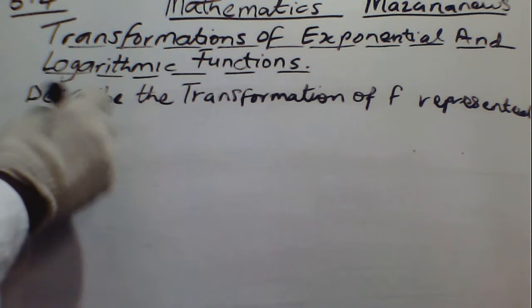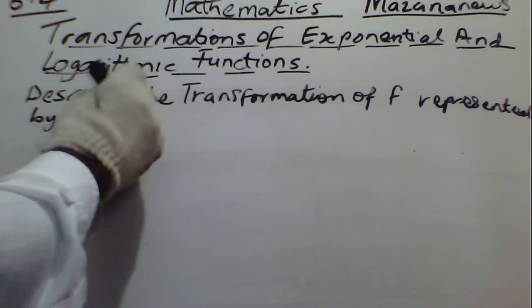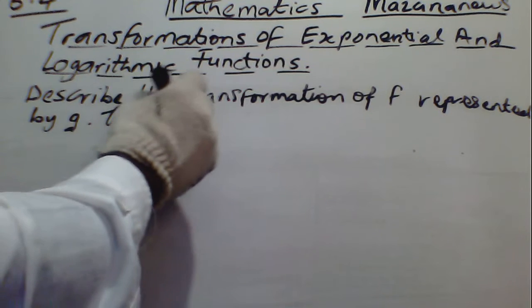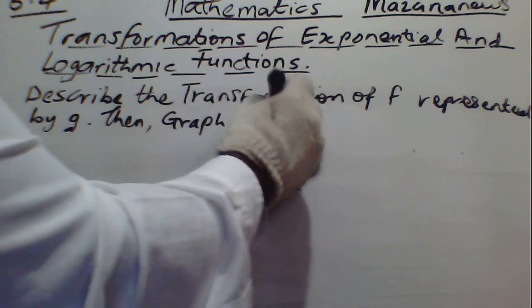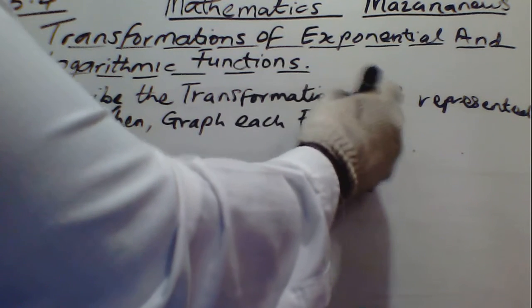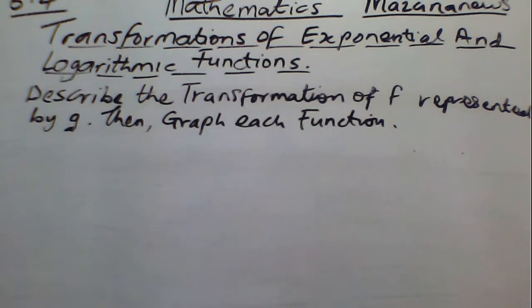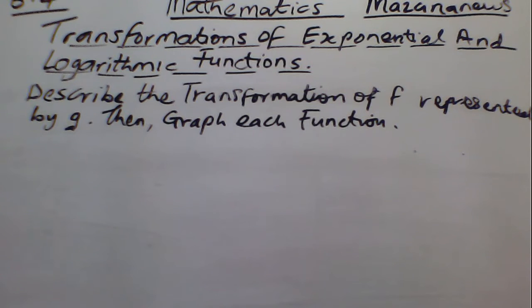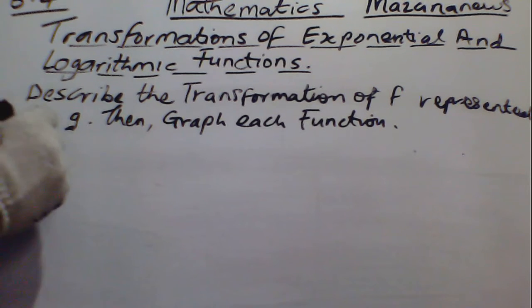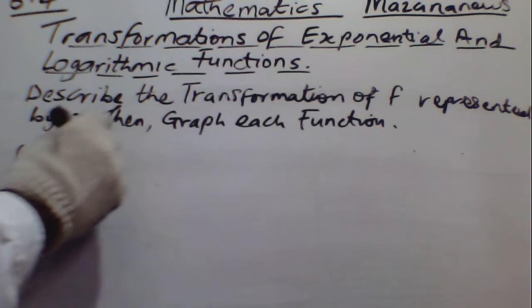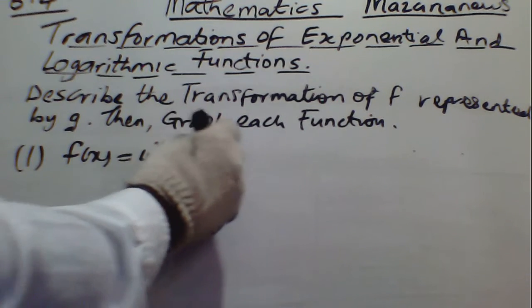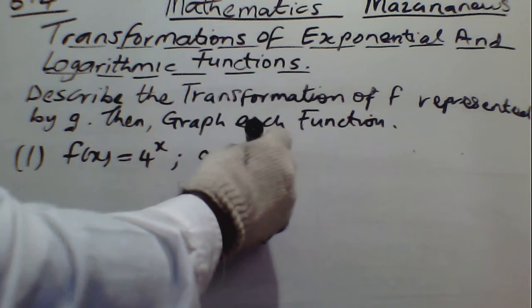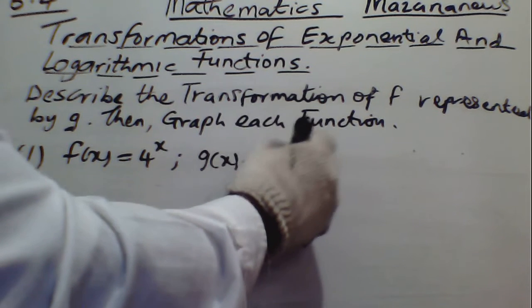So what does it mean? Describe the transformation of f represented by g, then graph each function. The first is f of x is equal to 4 raised to power x. The transformation g of x is equal to 4 raised to power x minus 8.